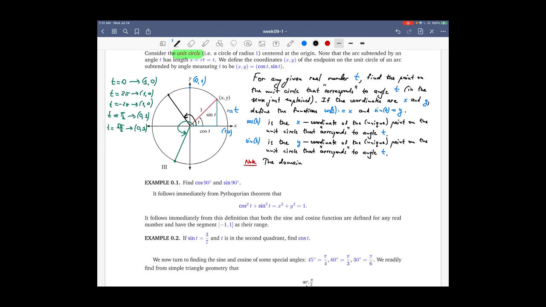The domain of both the sine function and the cosine function is all of R, and the image of both functions is the interval [-1, 1], including the endpoints.